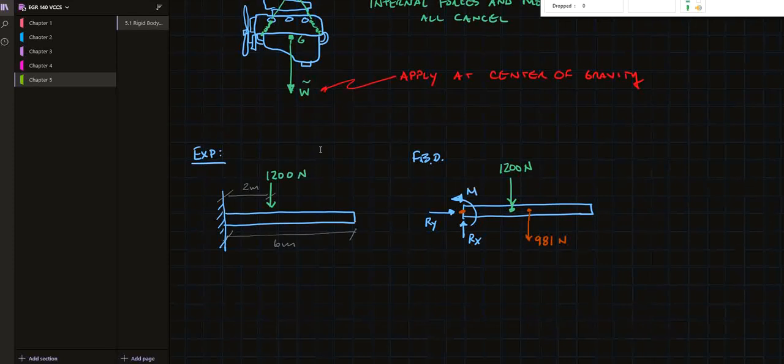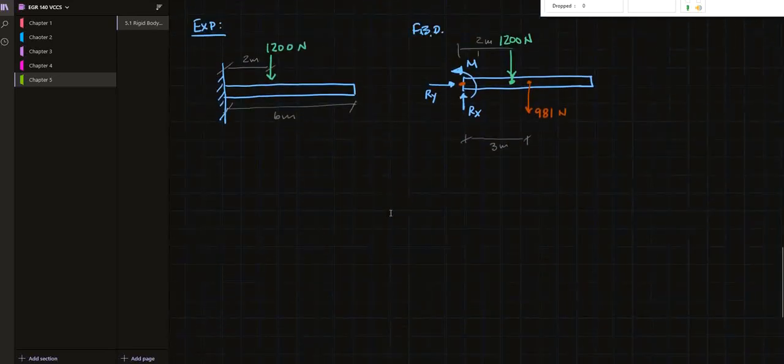It doesn't matter if I draw that moment in the correct direction, because when we do our analysis, if I drew it incorrectly, it will come out being a negative number. So this was 3 meters, and this was 2 meters. Got to put some dimensions on here. 3 meters because it's half the distance of the beam.